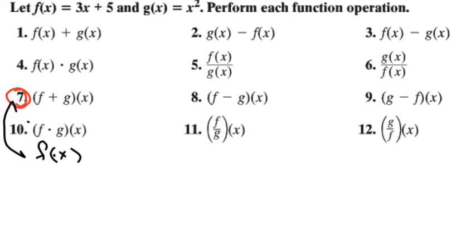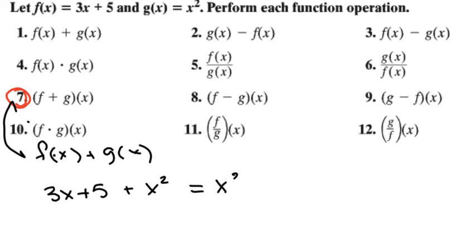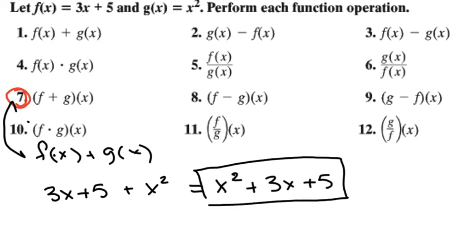F of x plus g of x, which in this case is 3x plus 5 plus x squared. None of these are like terms, so I can't combine them, but I can write it in standard form. So this would be x squared plus 3x plus 5. And this would be the answer.